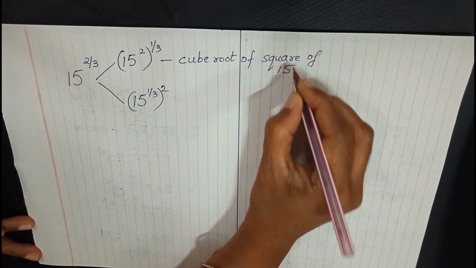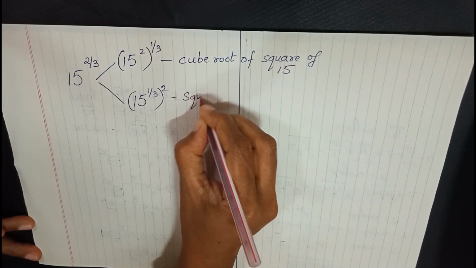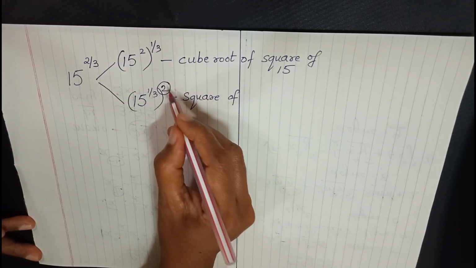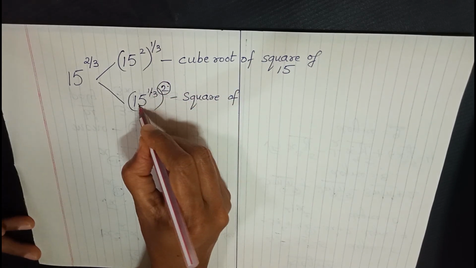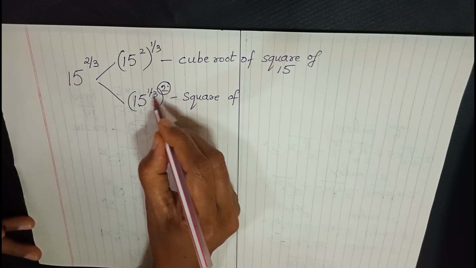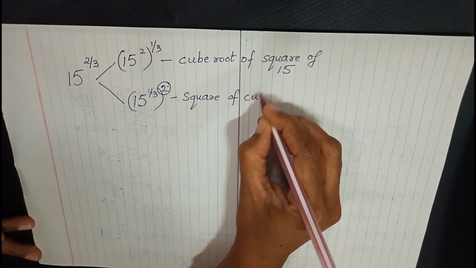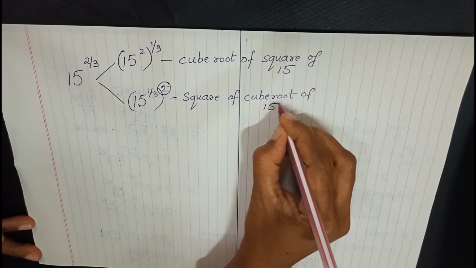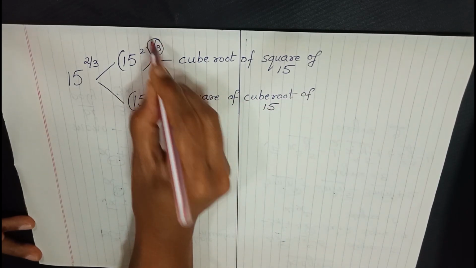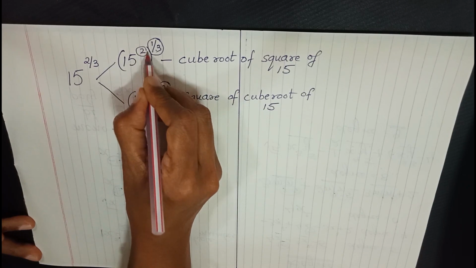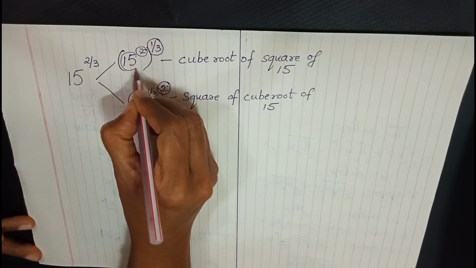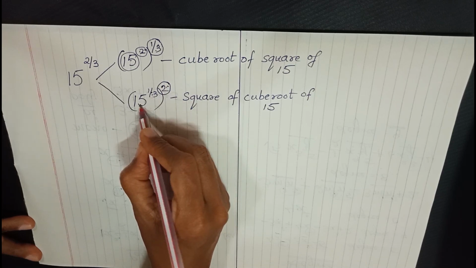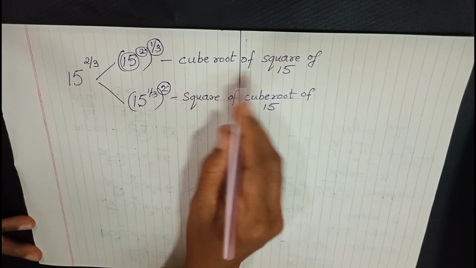And this I will write as square of cube root of 15. Why am I writing square of? Because that is outside. I start from here, then I go here, and then I go here. Right? Here also we started with the first outside cube root, then we went to this square and then we went to the number. So 1, 2, 3. 1, 2, 3. This is the order in which you will be writing it.